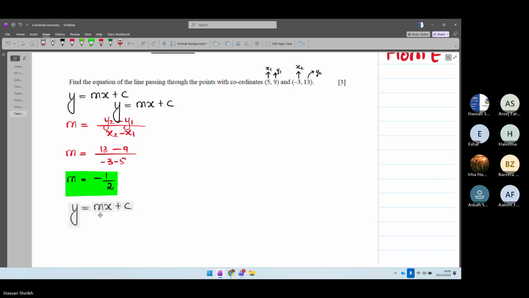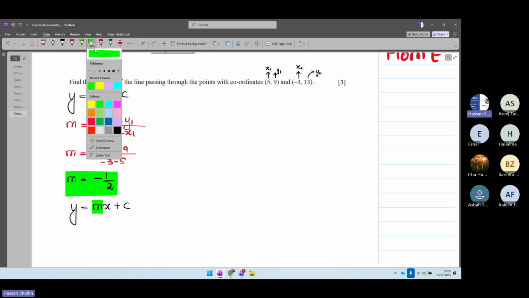And do we have the slope now? Yes. Now you can use any of these pink points. Tell me which point you want to use. You'll get the same answer using any point, so you don't need to worry which one to use.